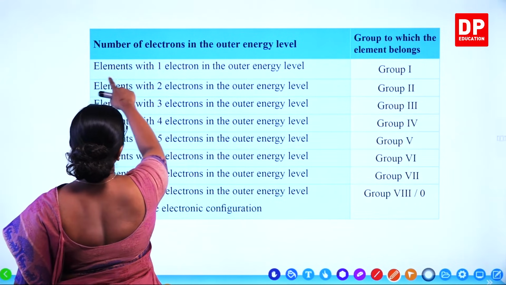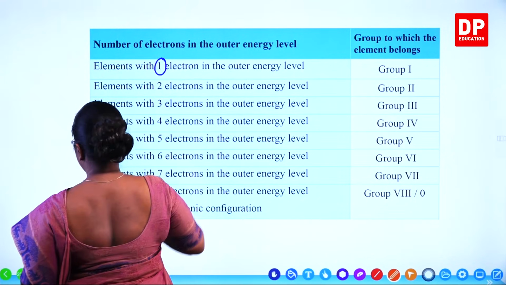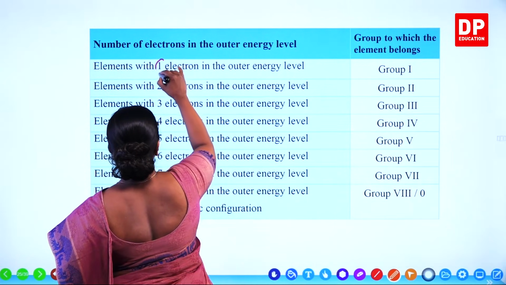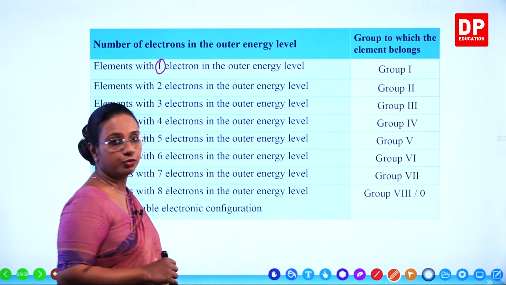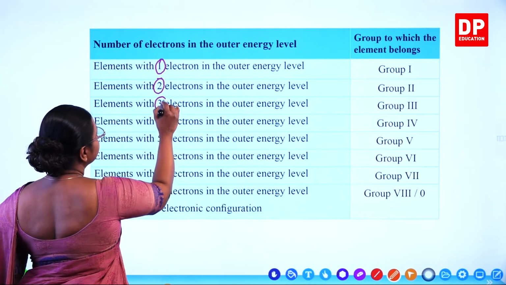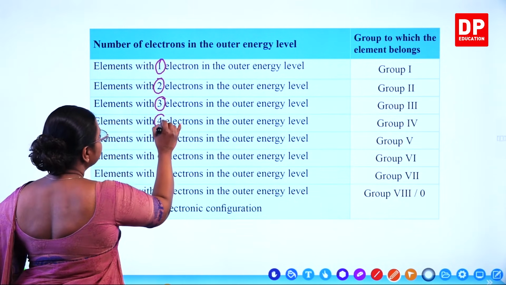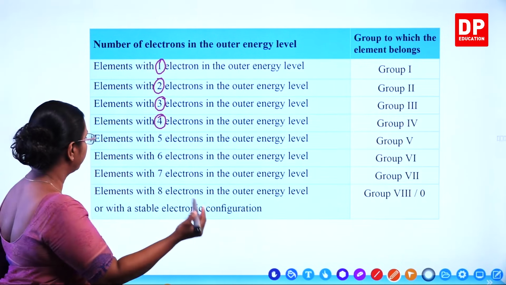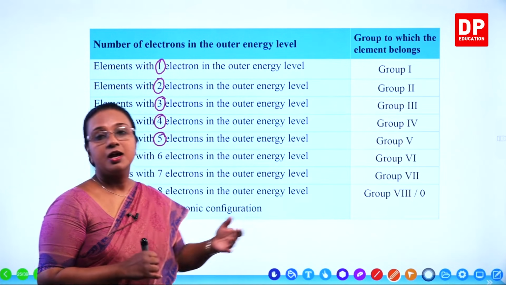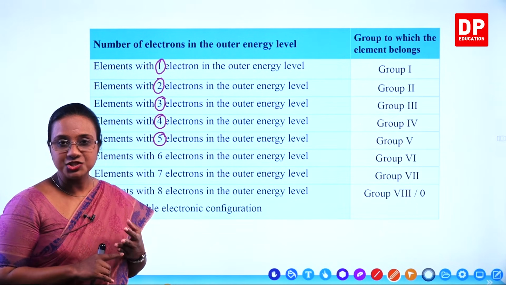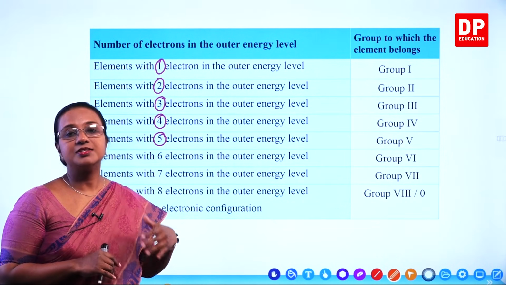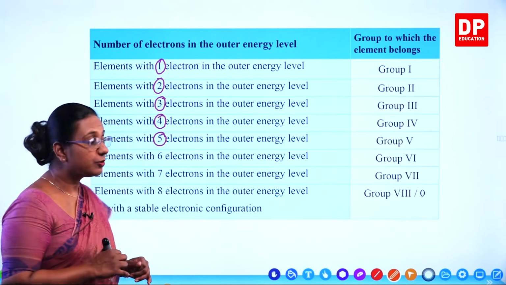Based on the number of electrons in the outer energy level, we arrange these elements into different groups. If the element has only one electron, it belongs to group 1. 2 electrons, group 2. 3 electrons, group 3. 4 electrons in the outermost energy level, group 4. 5 electrons in the valence shell, group 5. Outermost energy level, valence shell, all refer to the same thing, and valence electrons are the number of electrons in the outermost energy level.